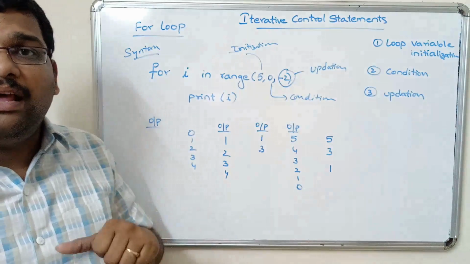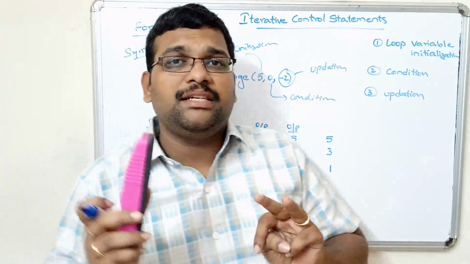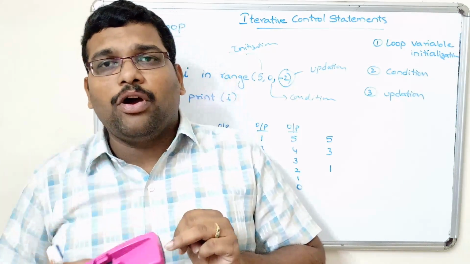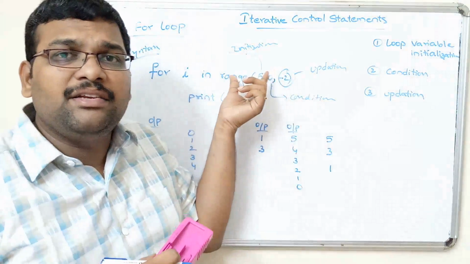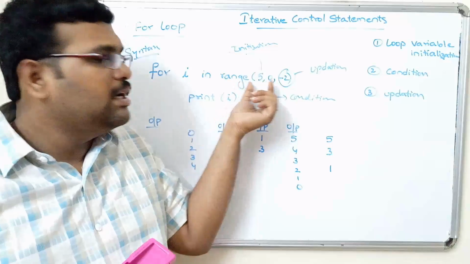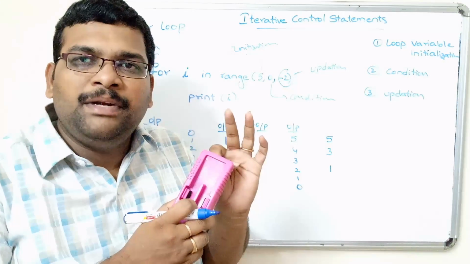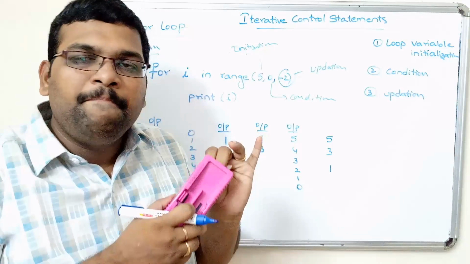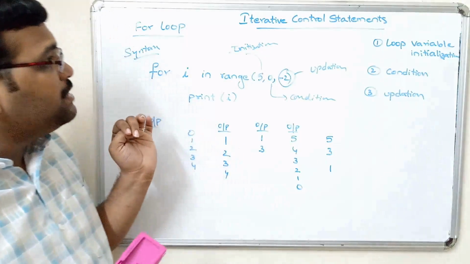In C language we have to use 3 terms in the for loop: first initialization, condition and updation, and then a block of statements. Here we can mention all these 3 things in a single function, that is range with 3 arguments. First one is the starting element, then the stop element, and then the difference, that means the step size. So this is a very simple thing.